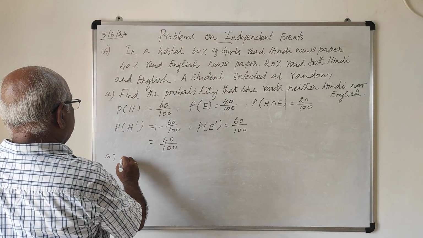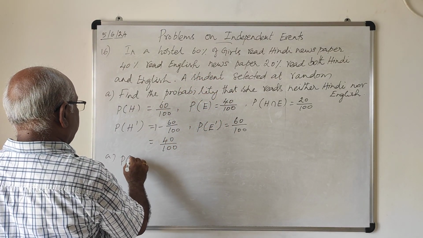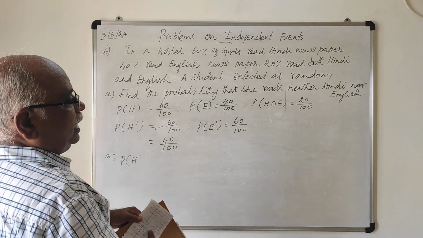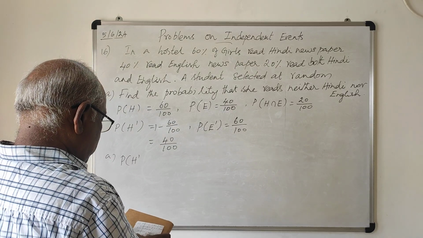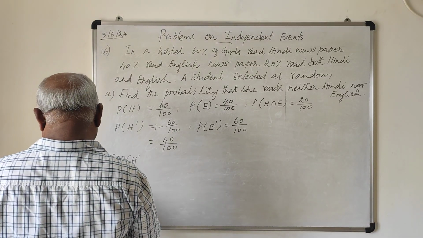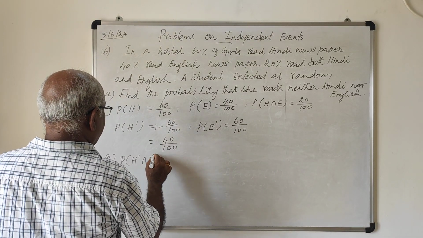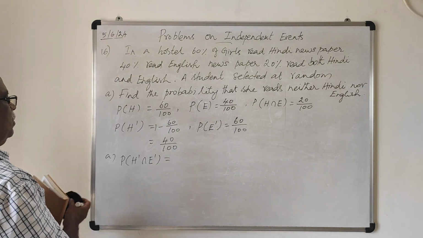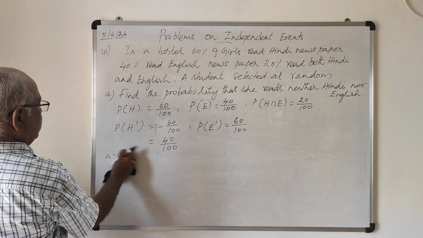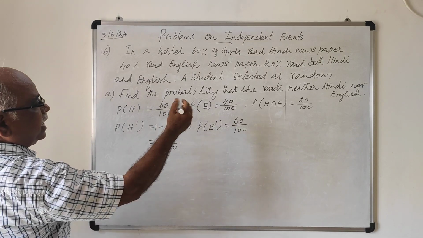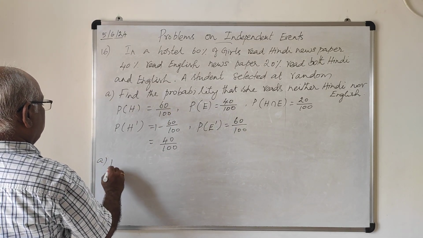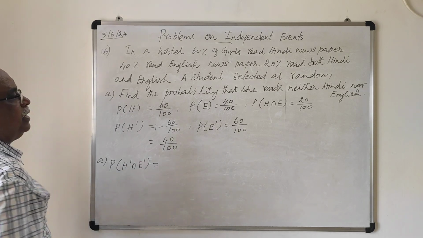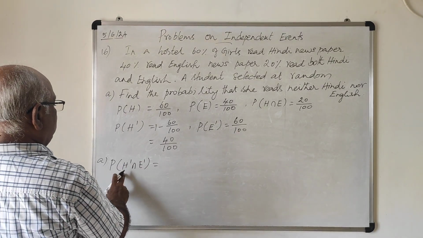That is the probability of neither Hindi, H dash, nor English, E dash. That is P of H dash intersection E dash. Find the probability that she reads neither English nor Hindi.